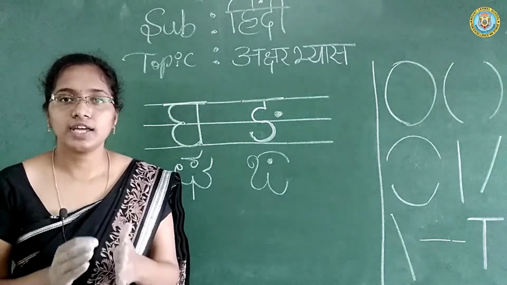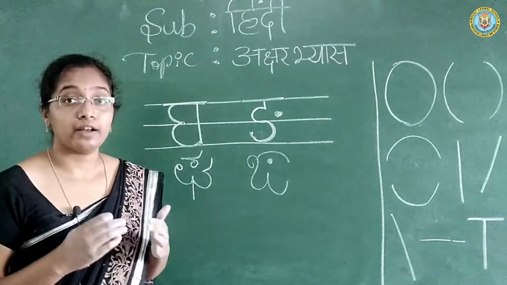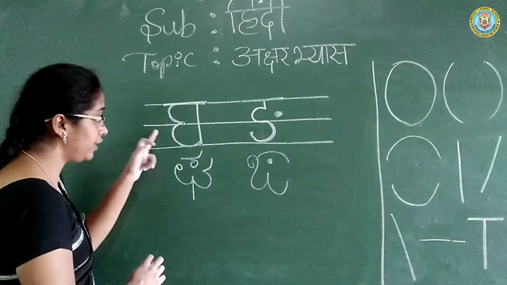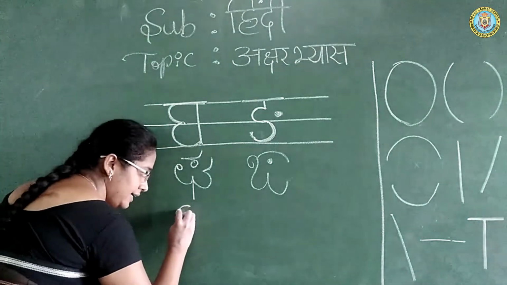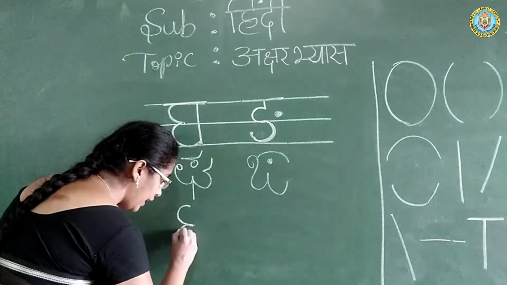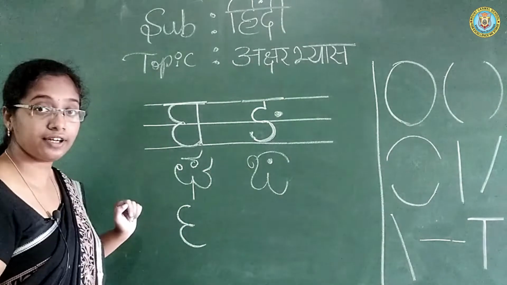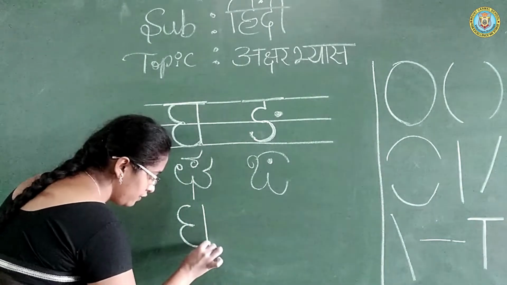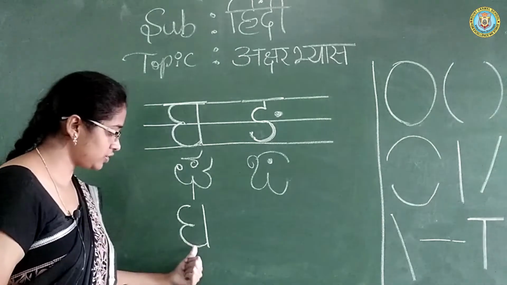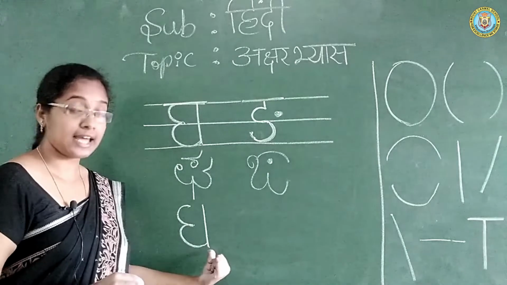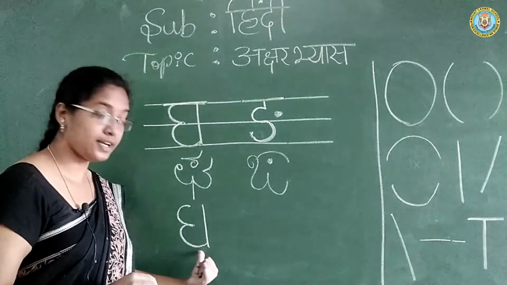Everybody take your book and write along with me. See here and write it down with me. Write a left curve and another left curve, and put one standing stroke which touches the second curve.